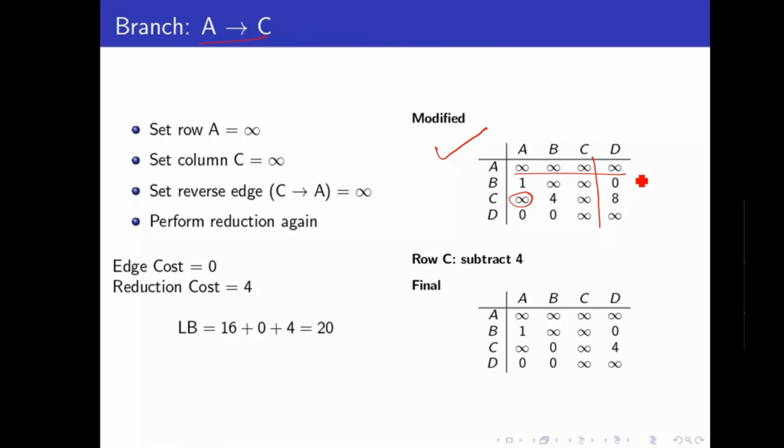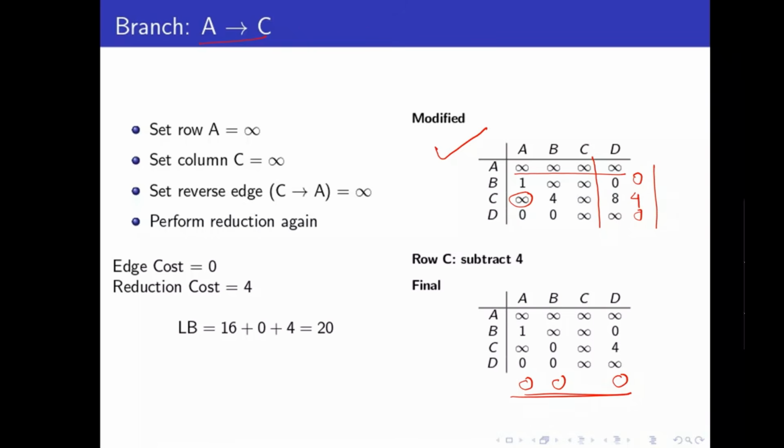Can we reduce anything? Here row 0, here 4. So we can reduce 4, this one is 0. So we can do row reduction. If we do row reduction, we will get infinite, 0, infinite, 4. Now if we want to apply column reduction, this is 0, 0, 0. So in column we cannot reduce anything. In row we reduced 4.